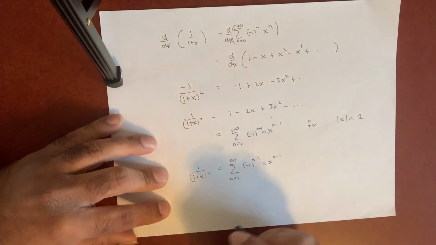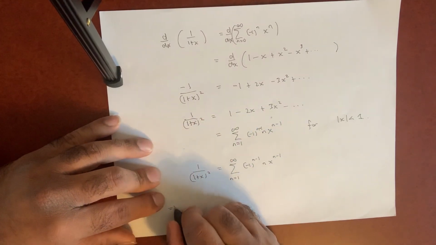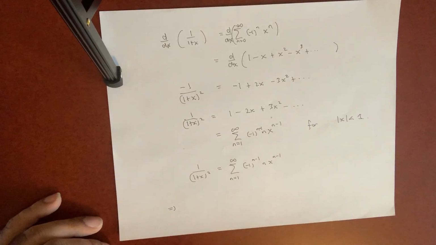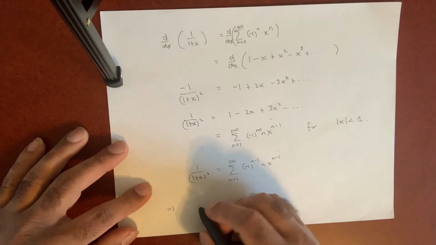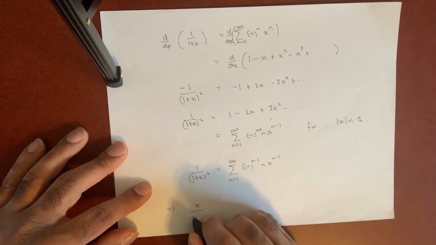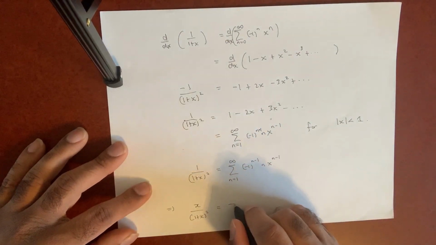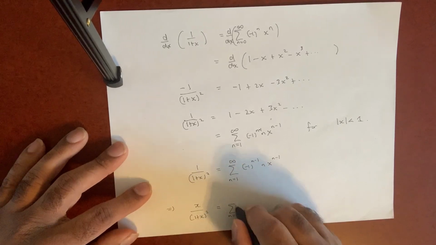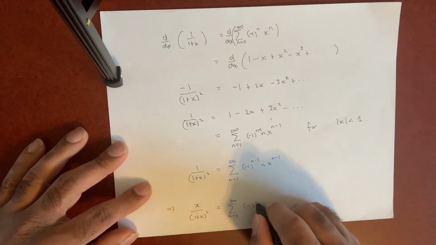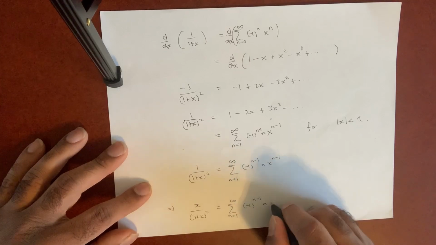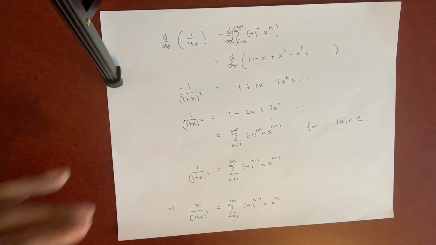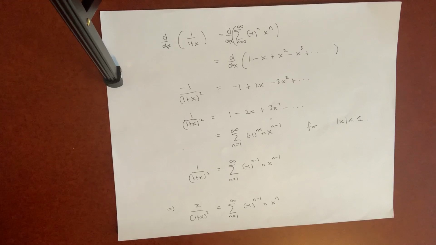So hence, our original function that we wanted was x times this. So x over (1 plus x) quantity squared is just multiply everything by x. So we get (-1) to the n minus 1 and x to the n, because I multiply both sides by x.